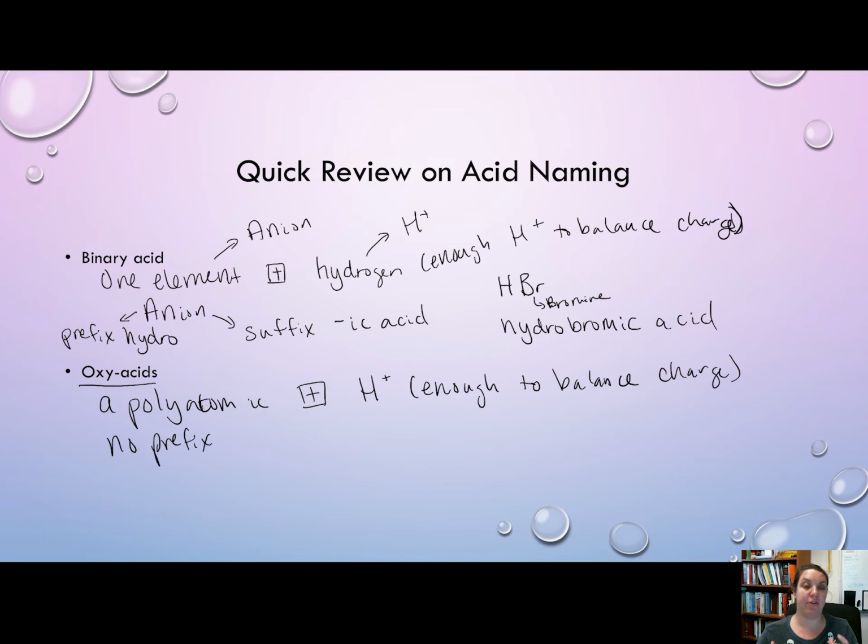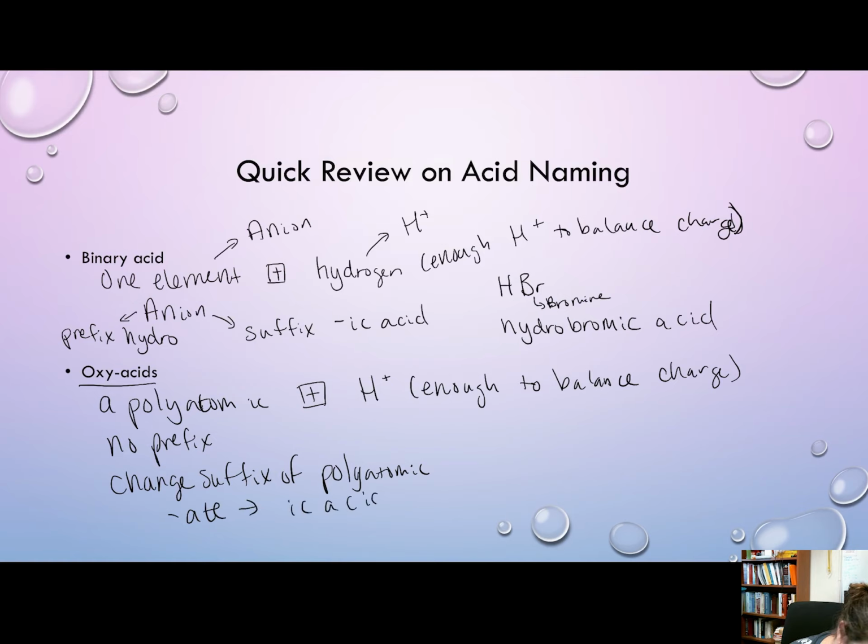But what we do is we take our suffix of our polyatomic and we change it. So if our polyatomic has an ATE ending, it's going to become "ic" acid. And if we have an ITE ending, it's going to become "us" acid. As a note, we're not going to add a prefix, but if your polyatomic already has a prefix, you're going to keep that prefix in there.